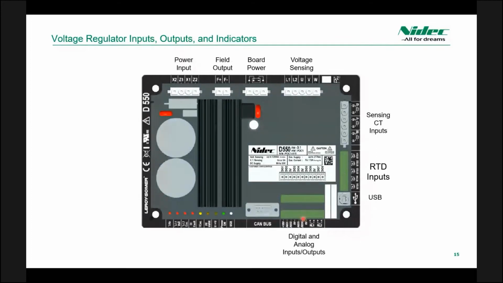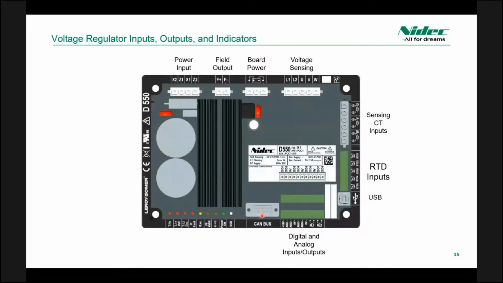You could change the voltage regulation mode. You can have different faults be output to your PLC so that your PLC can be aware of the fact that there's an overcurrent fault or an overvoltage fault or an underfrequency fault. So it's really great for integrating your control panel for your generator.